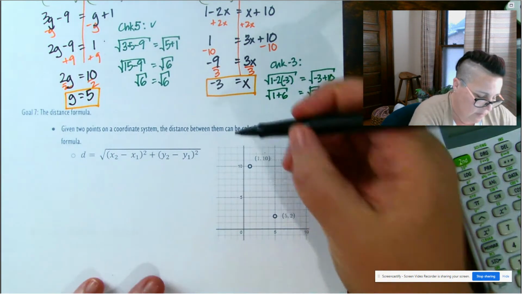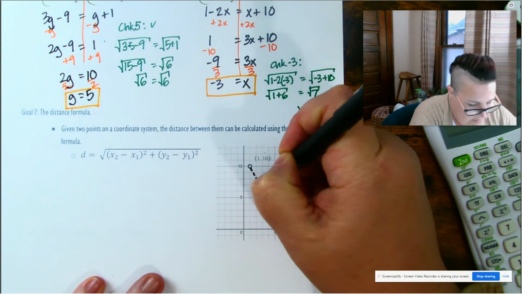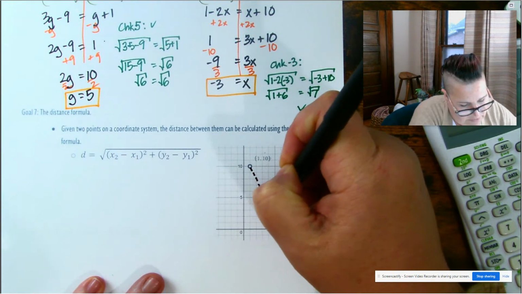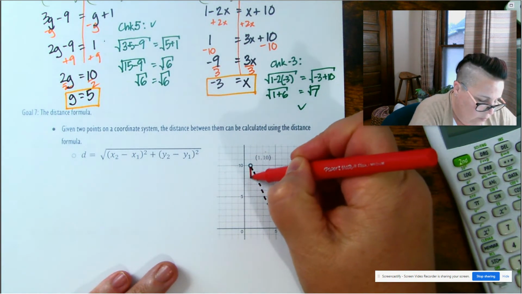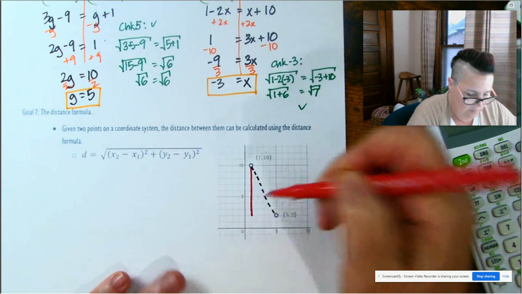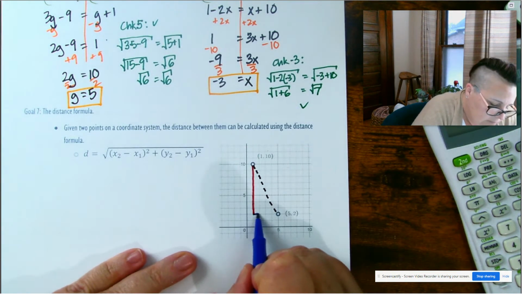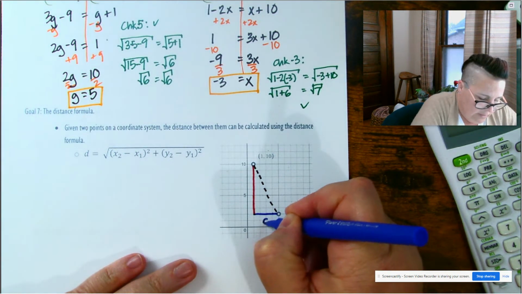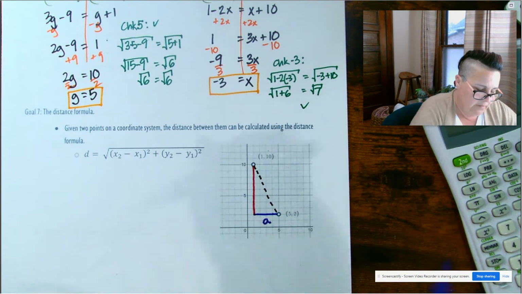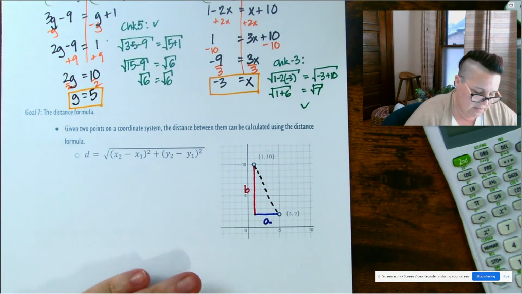All righty. So here we have the distance between the 2 points. I'm going to do this. And we can see this as the hypotenuse of a right triangle, where we know that a squared plus b squared has to be equal to c squared.